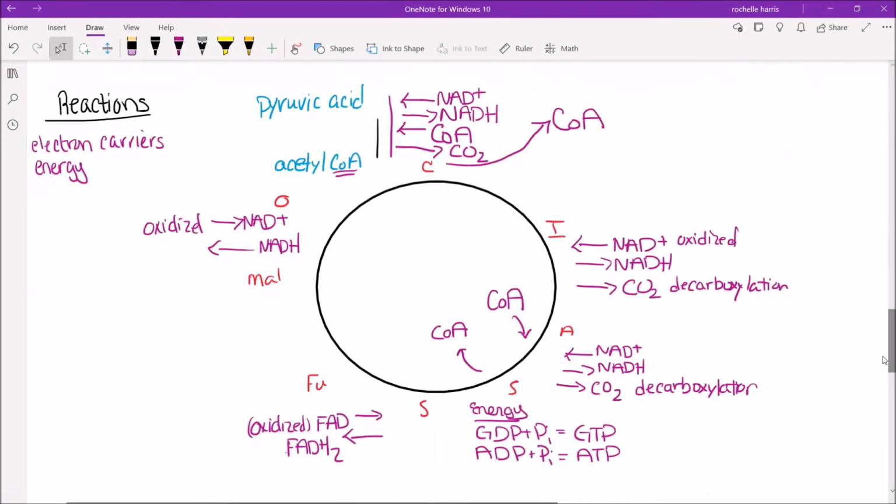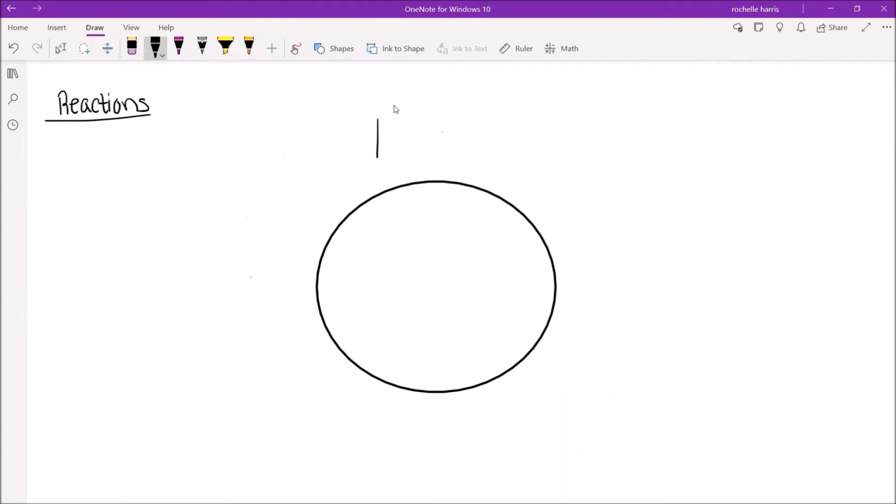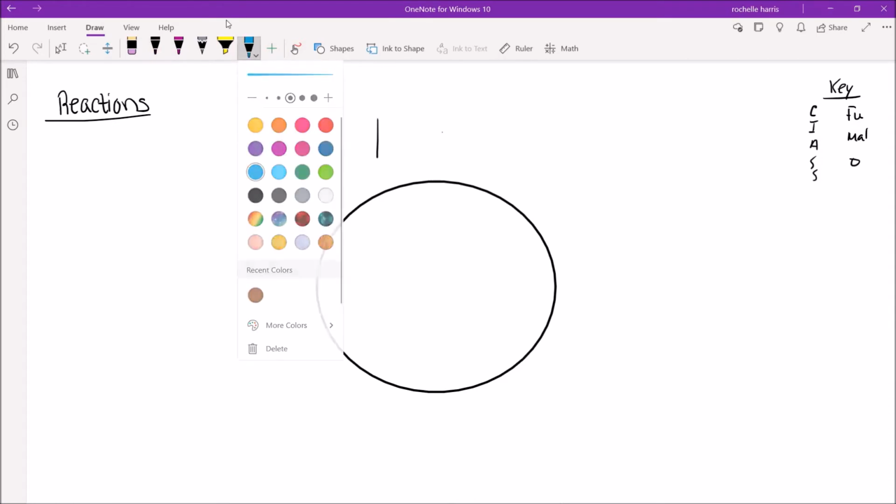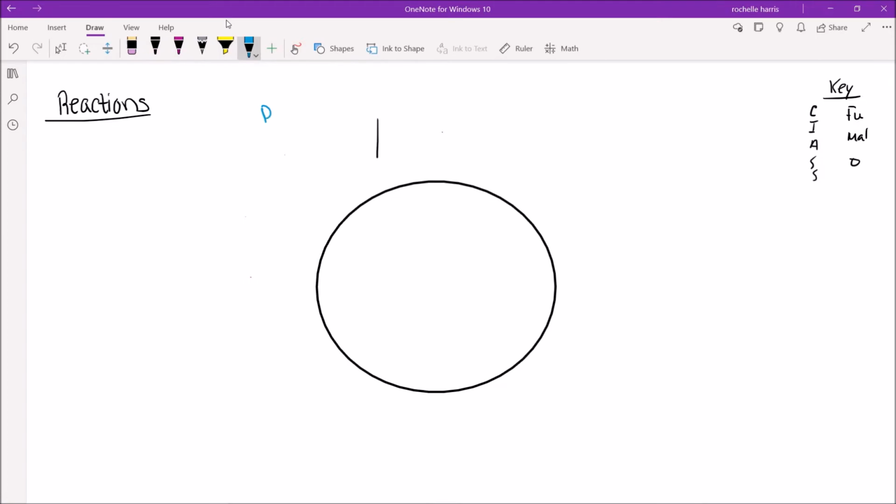Next, we are going to study the reactions. Like always, we start off with our key, because we need our base so we'll know what's going on. So we have our C, I, A, S, S, Fu, Mal, and O. And we have our beginning substrate, pyruvic acid, and acetyl-CoA.